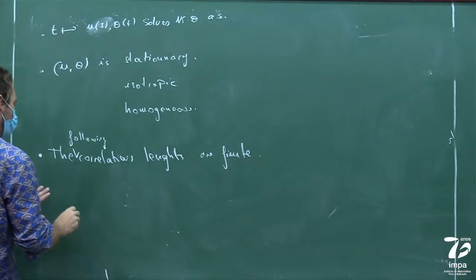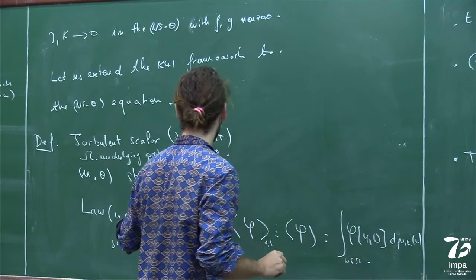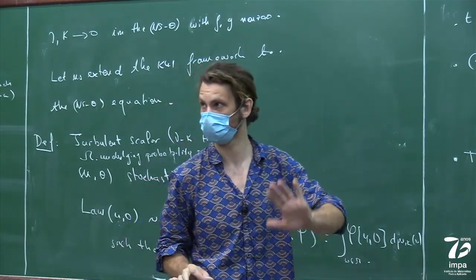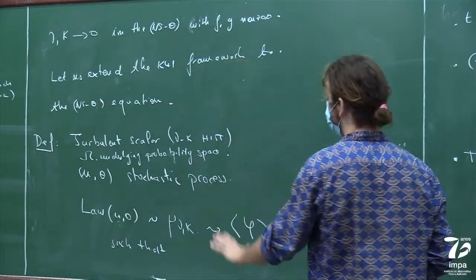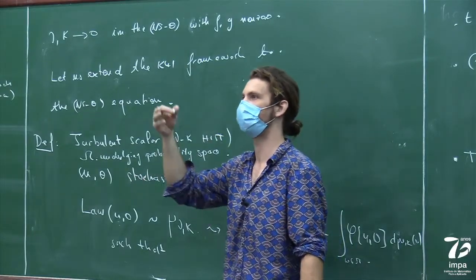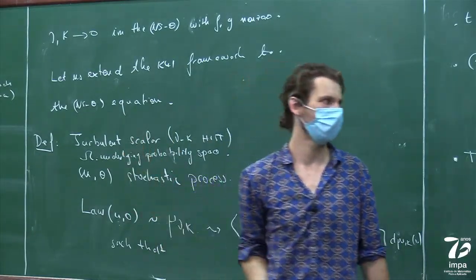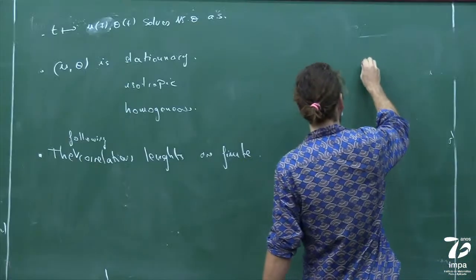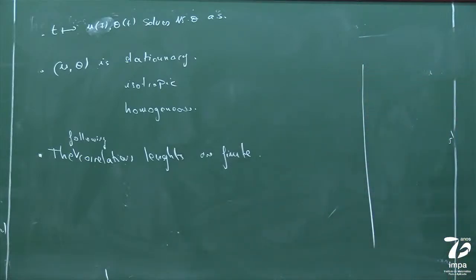I will basically introduce 4 correlation lengths, one for the scalar forcing, one for the velocity forcing, etc. And just as a reminder.